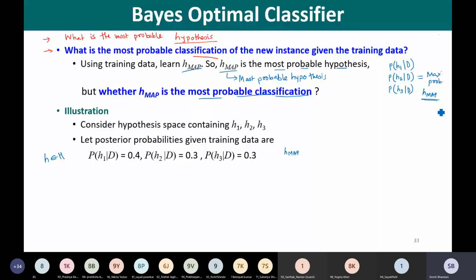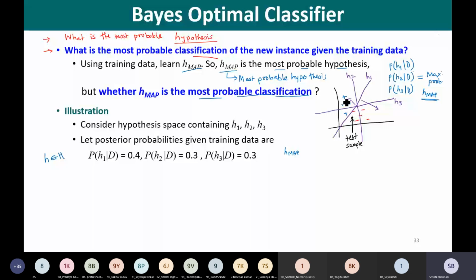Now, let us assume that we are having this new sample, test sample. Right? So this is my test sample. And I want to find out the class of this sample. If I make use of this hypothesis H1, then what would be the class for this? Towards this side of H1, I am having positive class, and towards this side of H1, I am having negative.